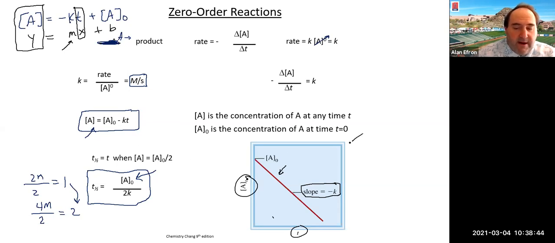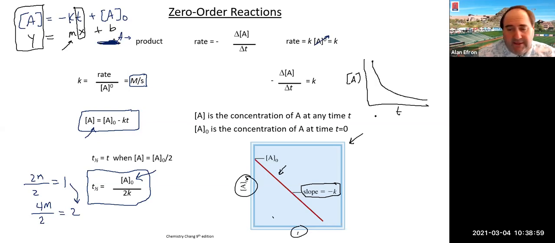And this is the graph which you do not want to confuse with the graph we saw earlier, which was also the concentration of A versus time. The difference is that one did not give us a linear relationship. It gave us a decrease over time, and that is first order. So these are similar graphs, but the difference is when you graph concentration versus time and you yield a straight line, you're probably dealing with a zero order reaction.